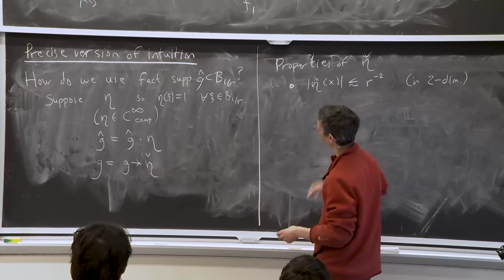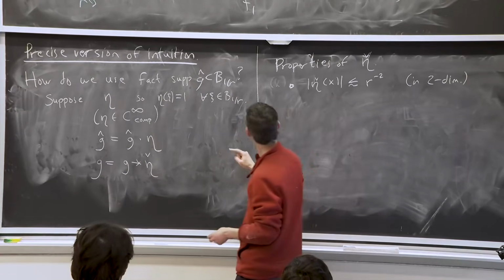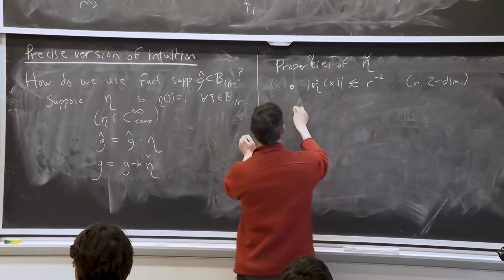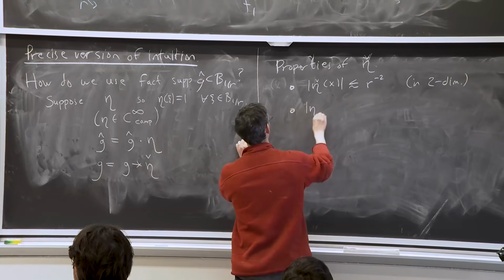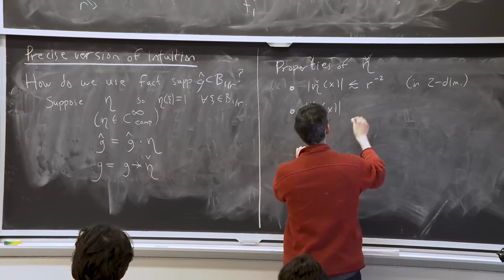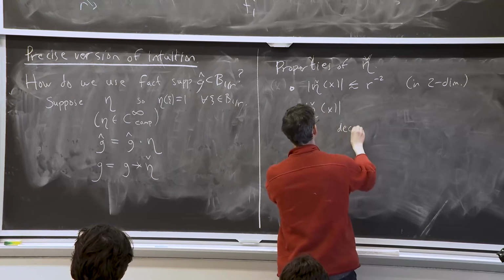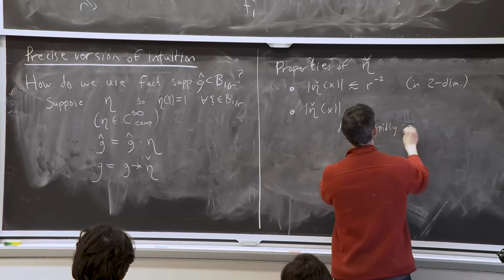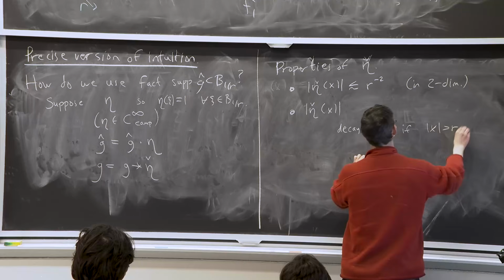So we get this. But in addition to that, if x is large, then we get cancellation. So the next thing is that eta check of x decays rapidly if x is bigger than r.